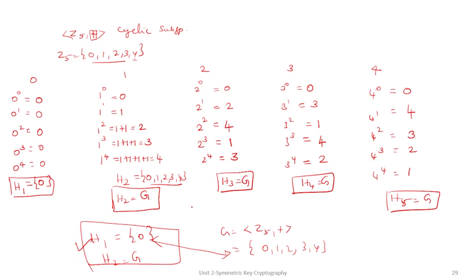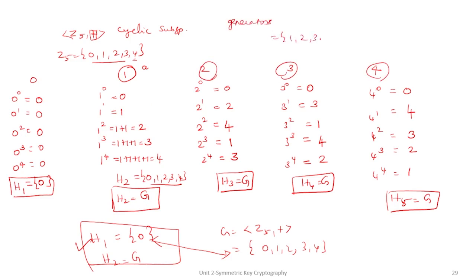And here generator means by using an element 1. So here I am taking A as an element, and I am doing A power K, where the K value is from 0 to 4. And we can produce all the elements. So here 1, 2, 3, 4 are called generators.